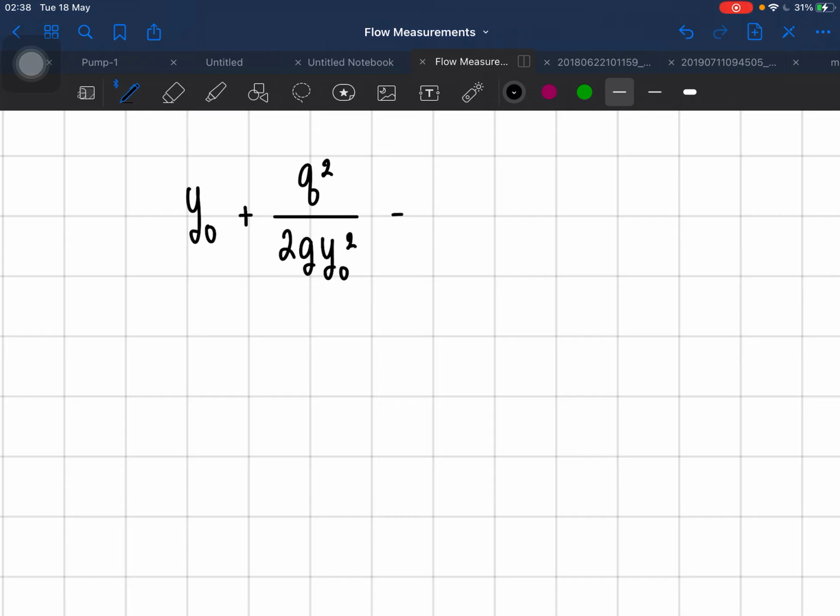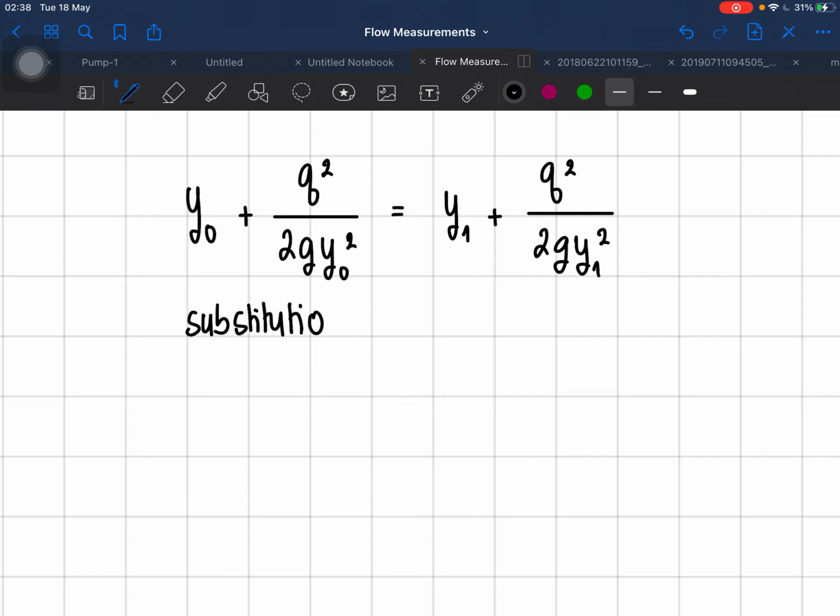g y0 equals y1 plus q squared over 2 g y1 squared. What do we have to do next? Oh, we have to substitute those numbers. Substitution.